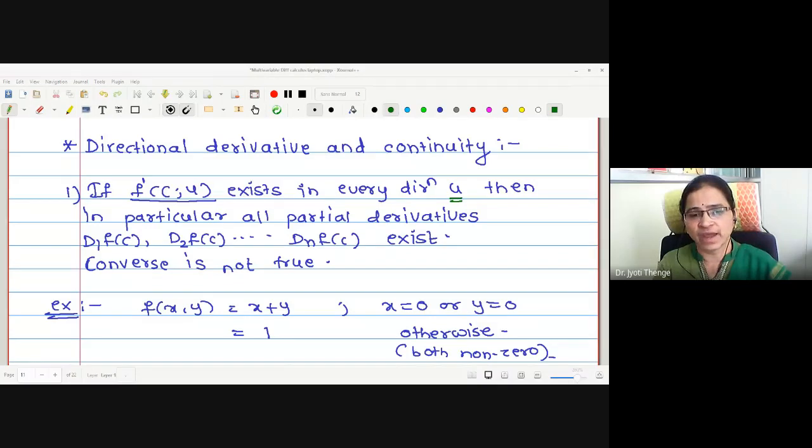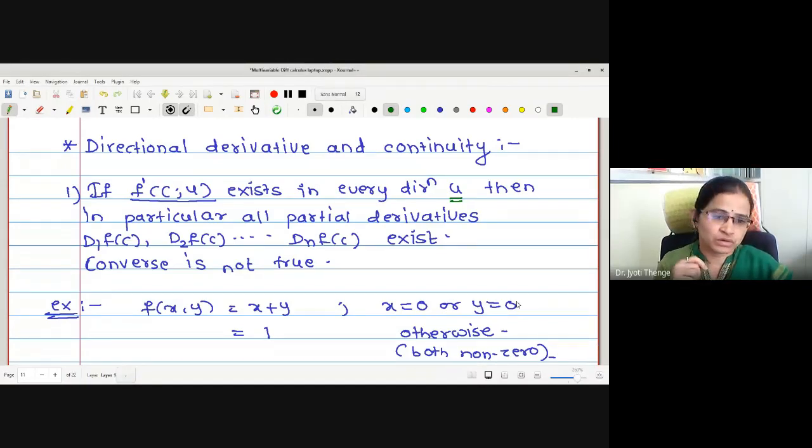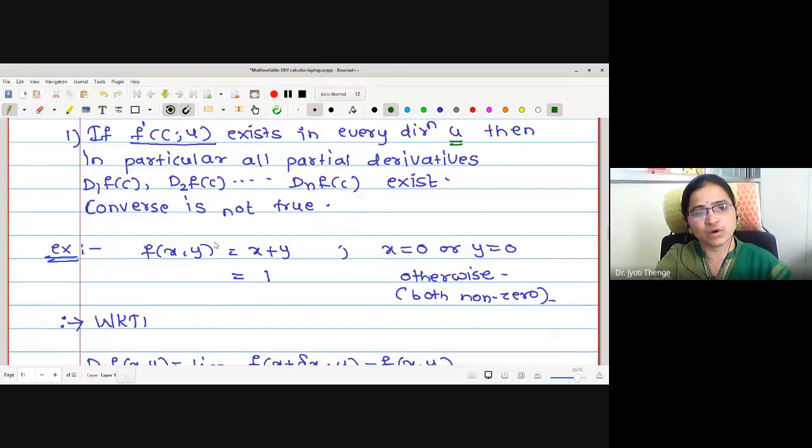Because partial derivatives are a particular case of the directional derivative. If we put the direction along the coordinate axis, then the directional derivative becomes the partial derivative. Therefore, existence of directional derivative obviously gives existence of partial derivative, but the converse is not true. That is, if all partial derivatives exist, it doesn't mean that the directional derivatives exist.